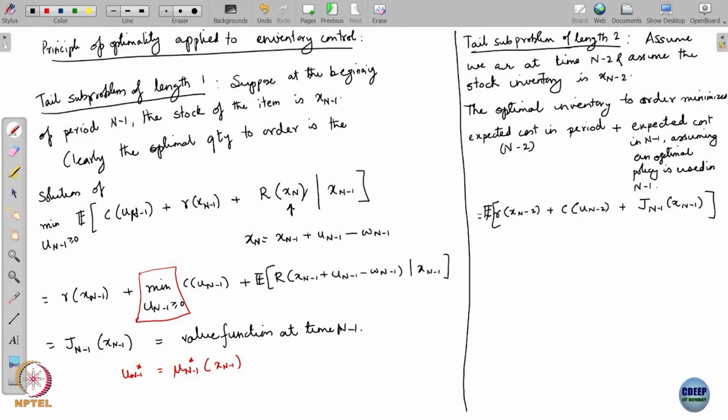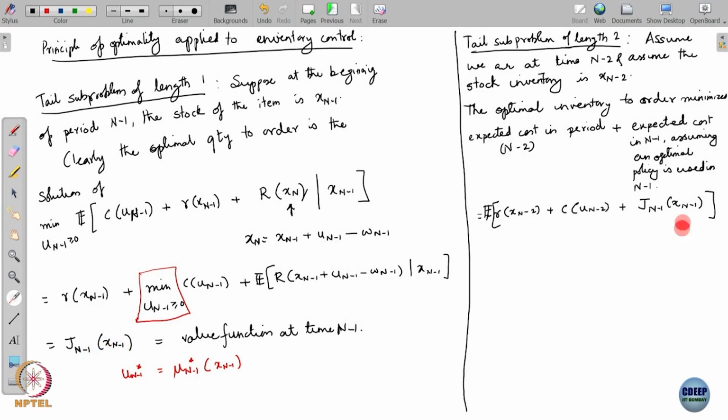This is why doing this calculation in the previous step for every possible value of x n minus 1 is useful, because now we have what the optimal cost is starting from any possible initial state.